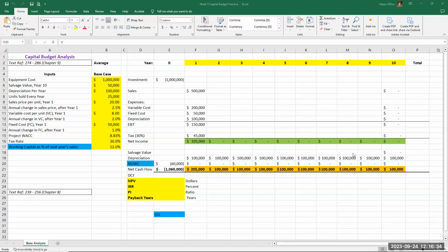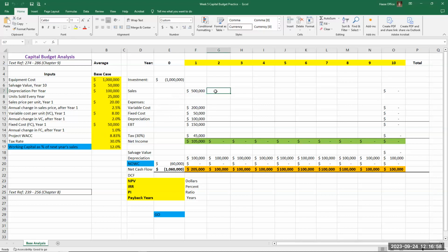So I started this problem, as you remember, at the beginning of the week, with an investment of $1 million and yearly sales in the first year of 500,000, which was 25,000 units at a selling price of $20. But now I'm going to increase that by how much? The inflation rate for this is 2.5%.